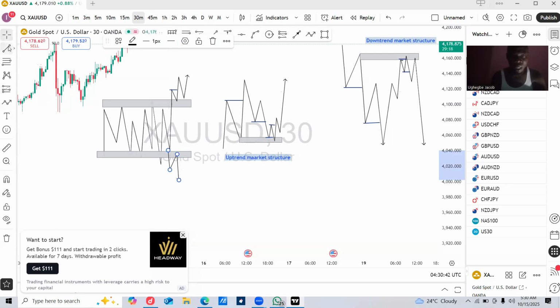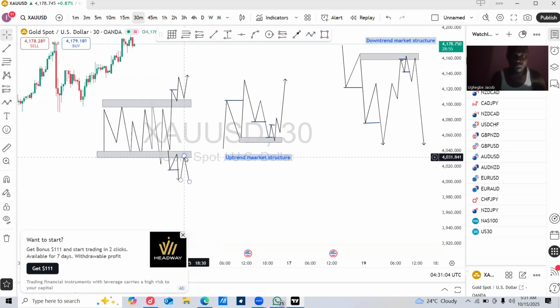Once the market has taken out this low, your job is to allow the market to return back to this area that broke that low. Then from there, you can sell and target this low.